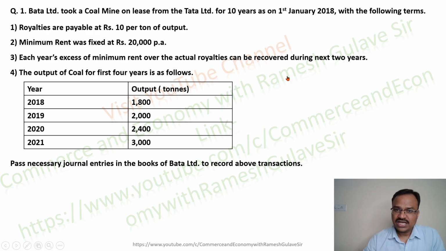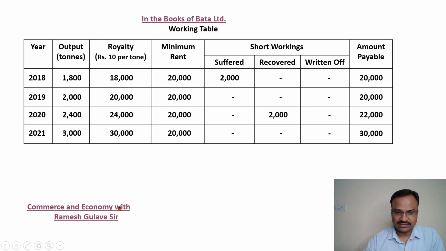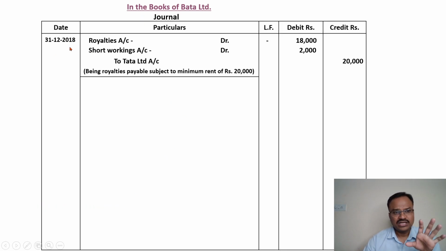Okay, so it means the financial year for this firm starts from 1st January and ends on 31st December. Okay, so the date for the first entry is 31st December 2018.